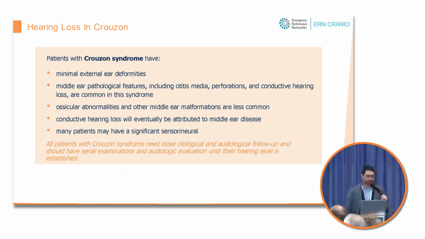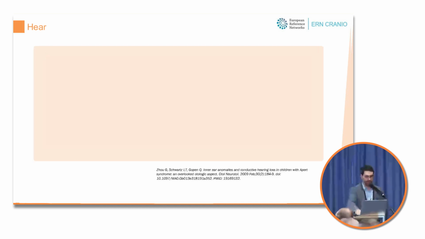And also this good article reports a significant amount of patients with sensorineural hearing loss, but without specifying the percentage of patients that may have it. So we have gross information about them, and the conclusion of this study is to always check the otological and audiological follow-up over time of these children.